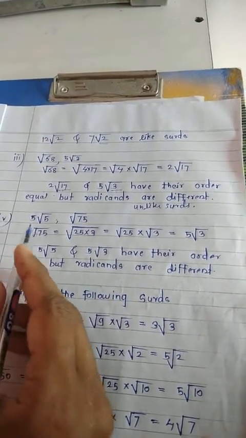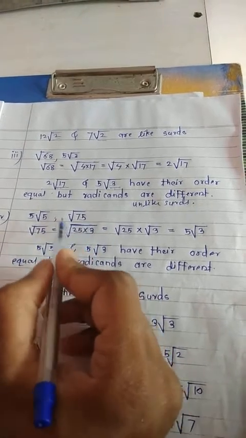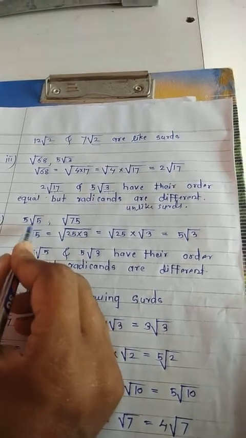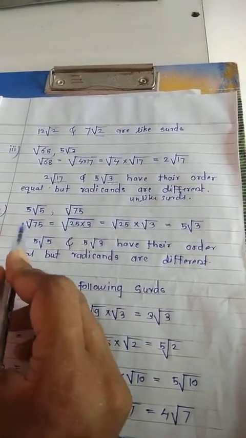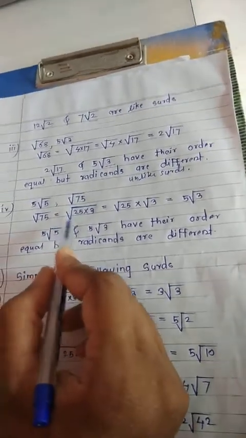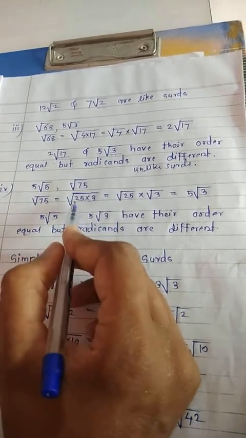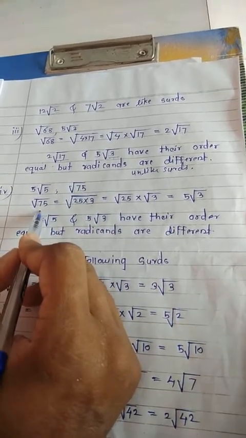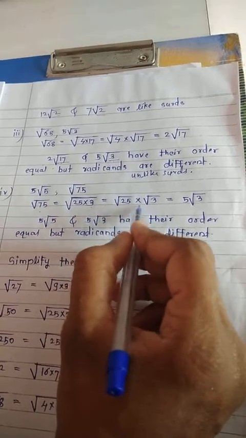Another example, 5 root 5 and square root of 75. We can't simplify the first one; we simplify only the square root of 75. So we find the factors of 75. Square root of 25 into 3, 25 threes are 75. Separate: square root of 25 into square root of 3.